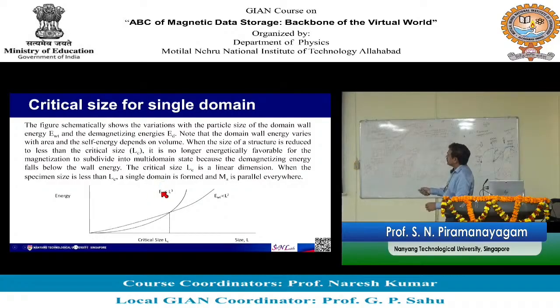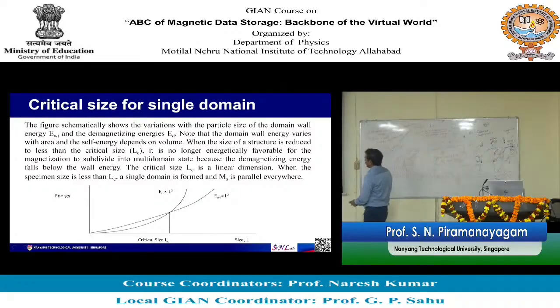Magnetostatic energy goes as a function of volume, so it is L cube. If L is the length associated with a certain domain, then the demagnetizing energy goes as L cube. However, the domain wall energy is proportional to L square.